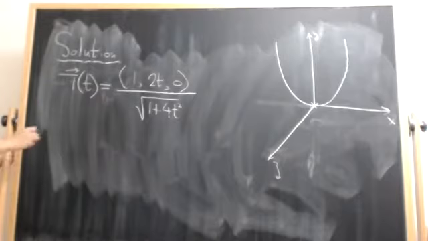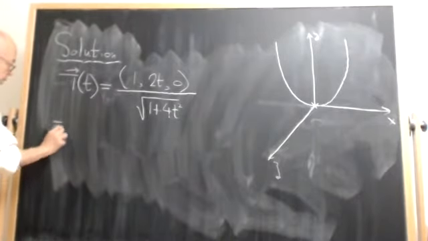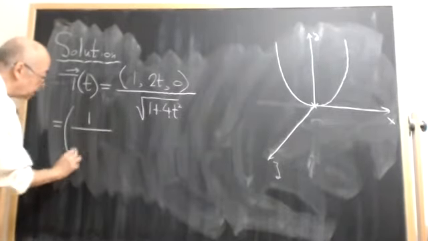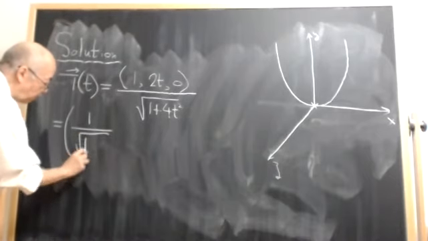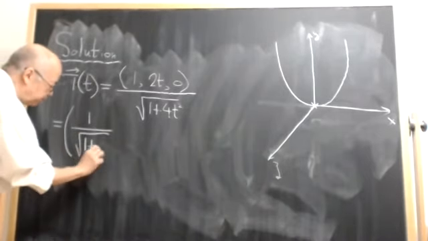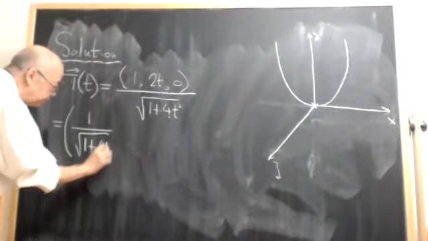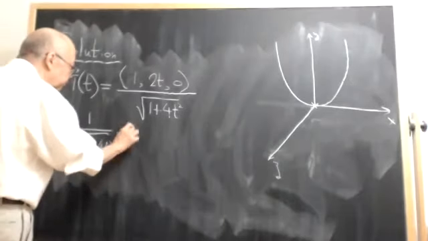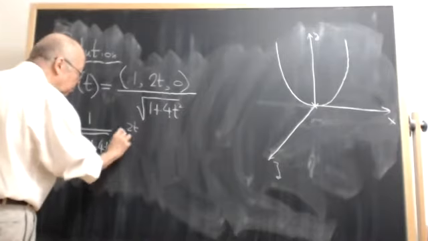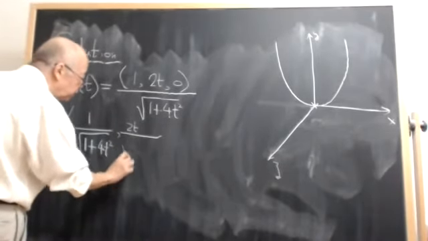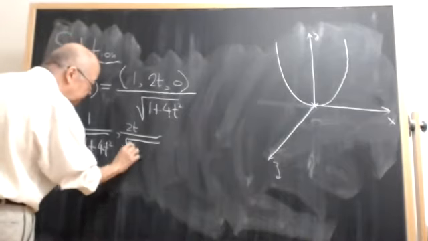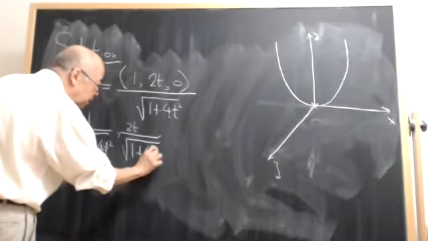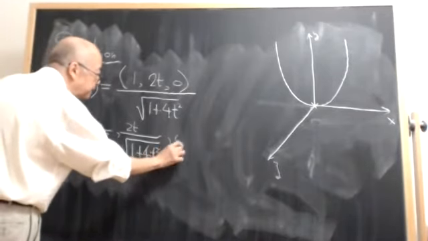Okay, so T of t is 1 over the square root of 1 plus 4t squared, and then 2t over the square root of 1 plus 4t squared, and then 0.